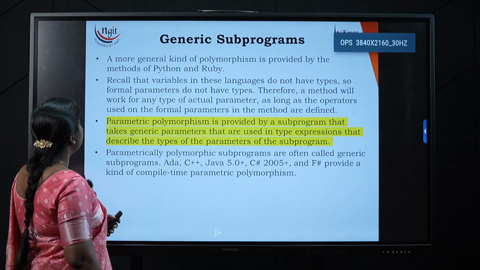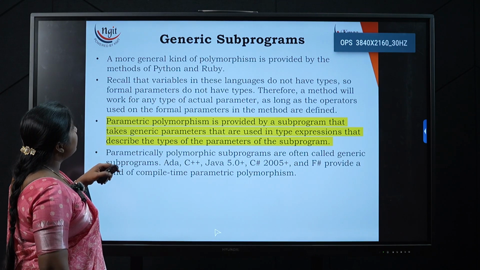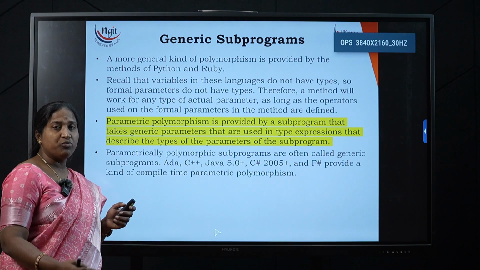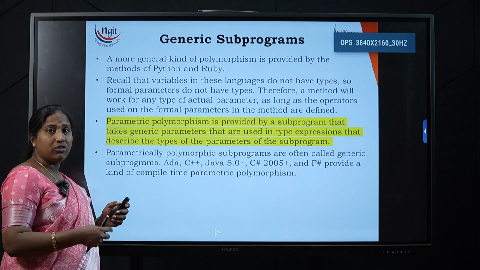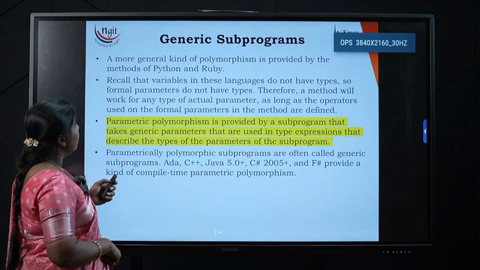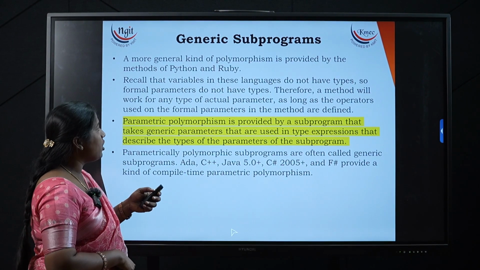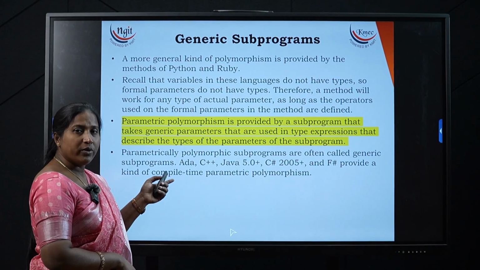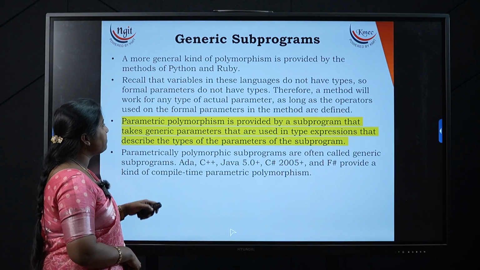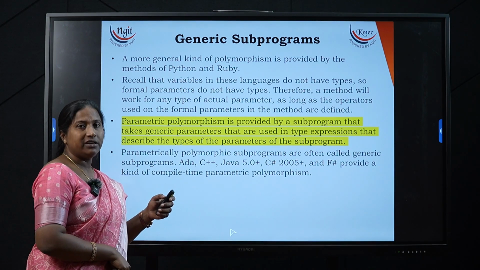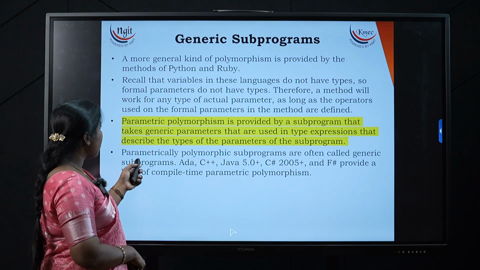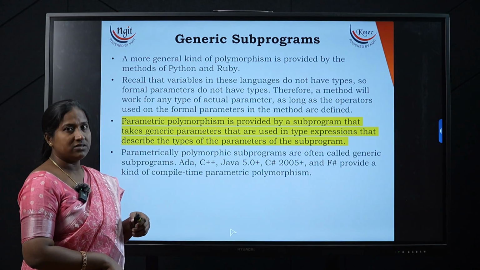Now, a more general kind of polymorphism is provided by two programming languages, Python and Ruby. Now, we will see some examples of how parametric polymorphism is provided through a subprogram that takes generic parameters that are used in the type expressions that describe the types of the parameters of the subprograms.